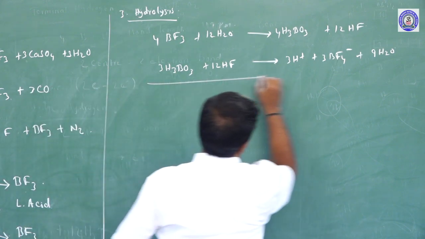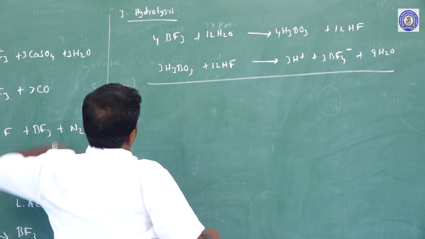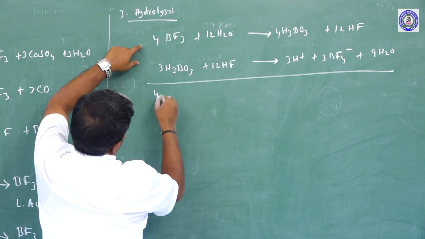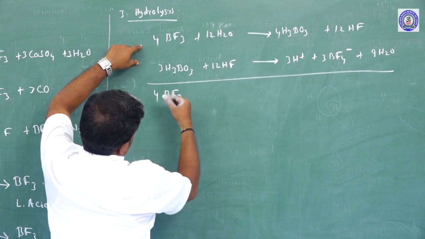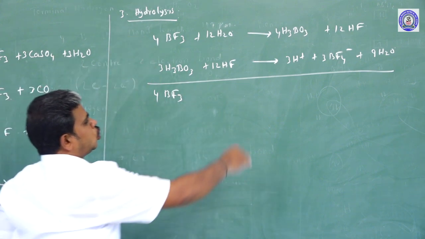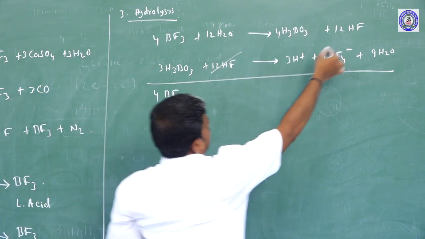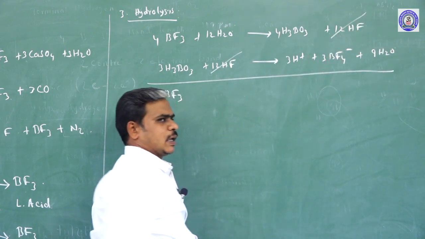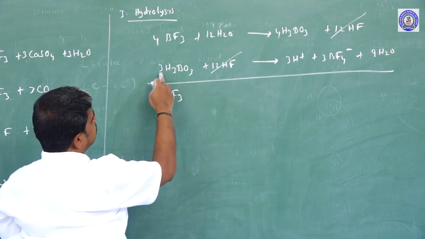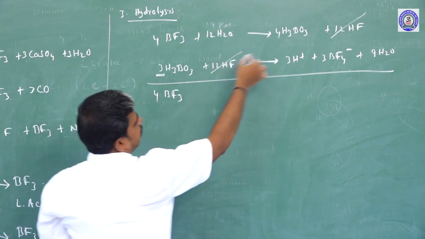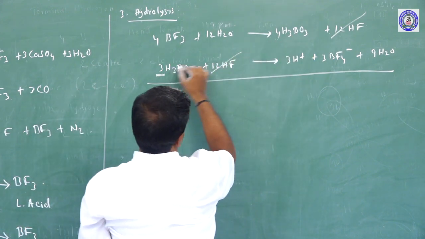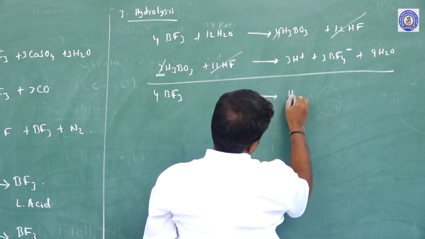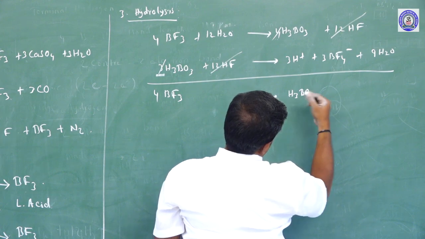Now we take the total reaction. We take 4 BF3. Now 12 HF is there as reactant and 12 HF is there as product, so they cancel out. Now 3 H3BO3 and 4 H3BO3, so 1 H3BO3 remains.